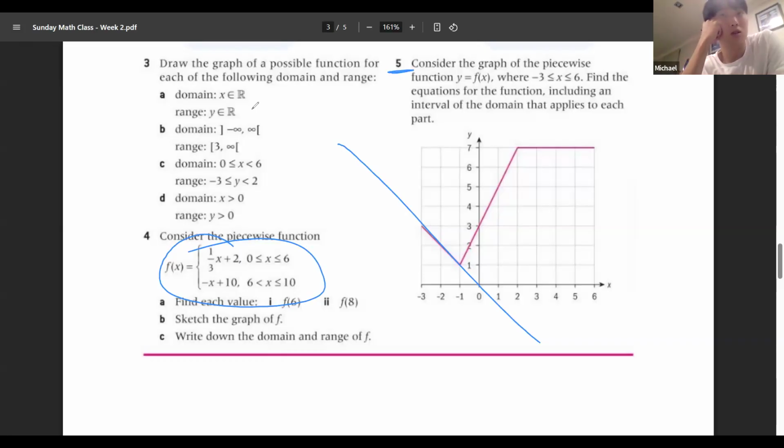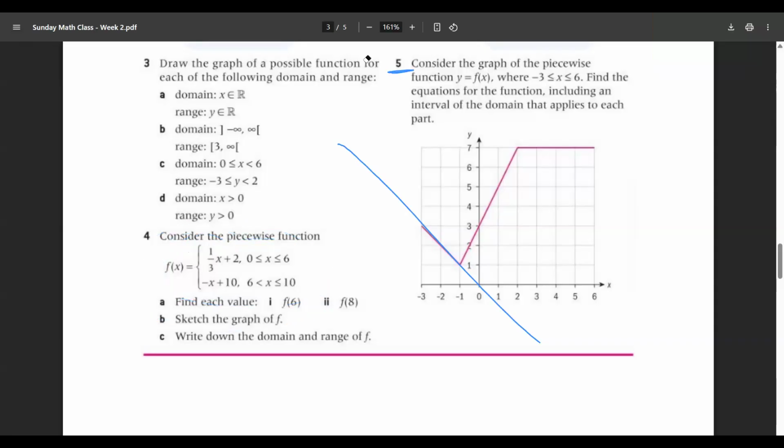I think it's quite intuitive. You just say between where and where it is this, between where and where is this, between whatever is this. Copy this format, copy this form. I think I know.